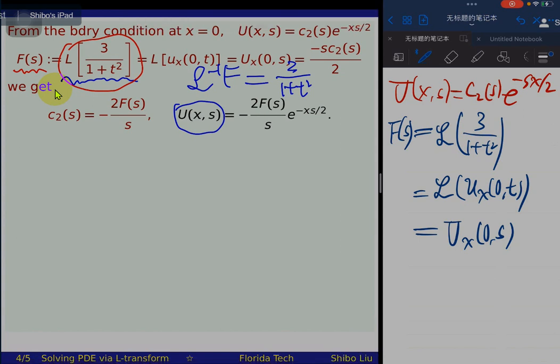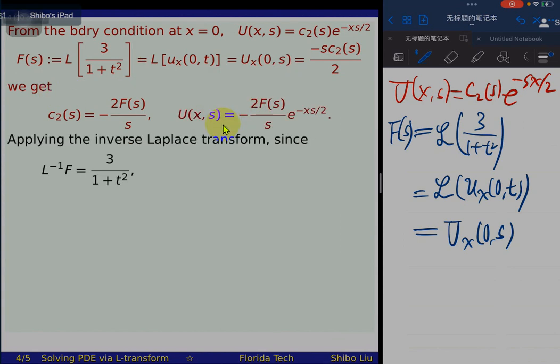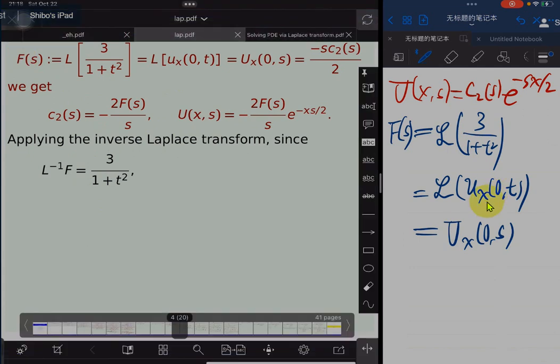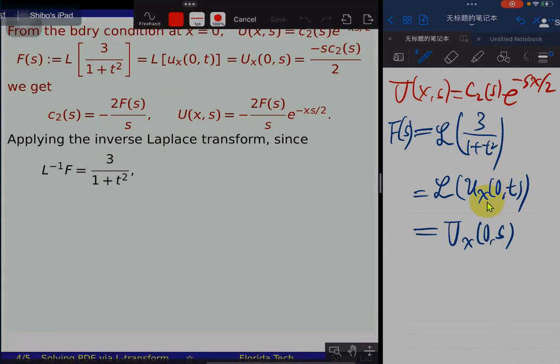Now, having obtained this capital U, the Laplace transform of our unknown function small u, we will apply the inverse transform to capital U to obtain our small u. But before that, we need to compute the Laplace inverse transform of capital F, and also, from the table of Laplace transforms, you can find the inverse transform of this function, exponential divided by s.